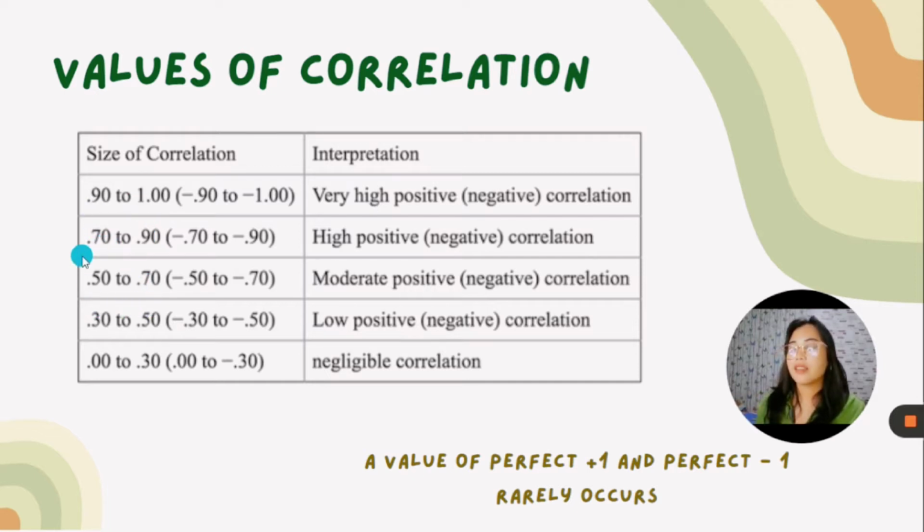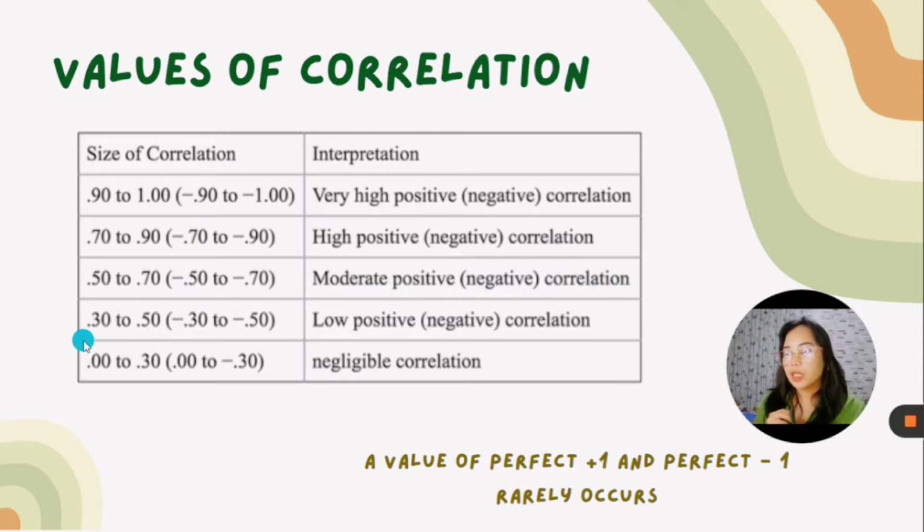If it's positive 0.70 to positive 0.90, it means high positive correlation. If it's negative, as long as it's within 0.70 to 0.90, you just change positive to negative. Likewise, 0.50 to 0.70 means moderate positive correlation; if negative, moderate negative correlation.